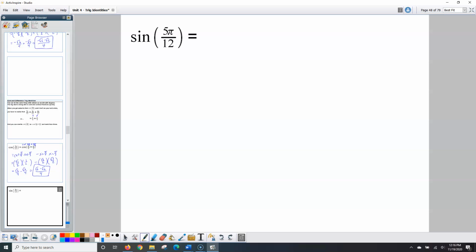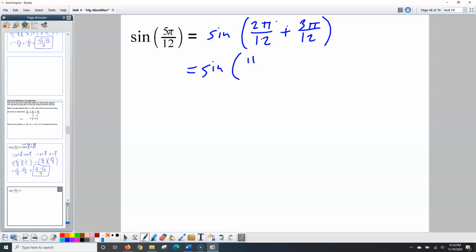Like that seems to be the first one to come to mind. Okay, 2 pi over 12 plus 3 pi over 12. And I know that I can use those because they reduce down to pi over 6, which is on my unit circle, and pi over 4, which is on my unit circle.